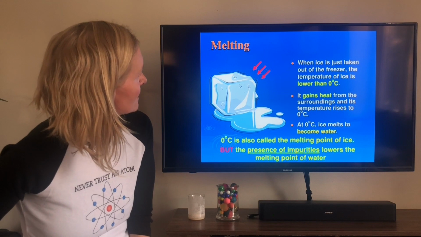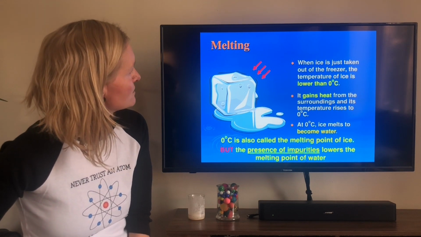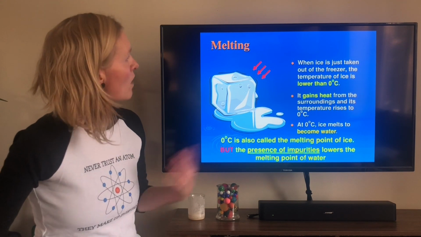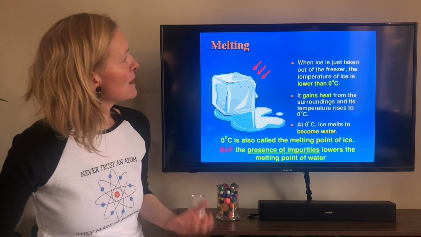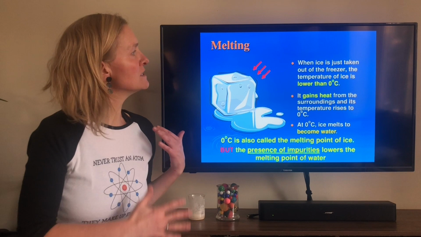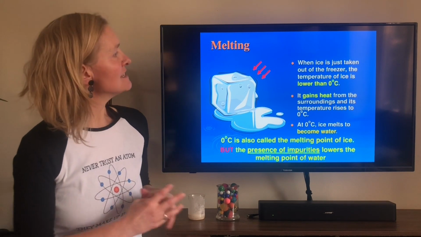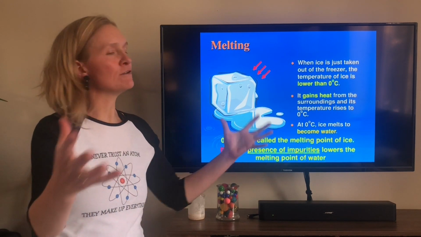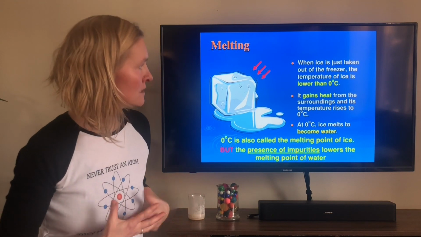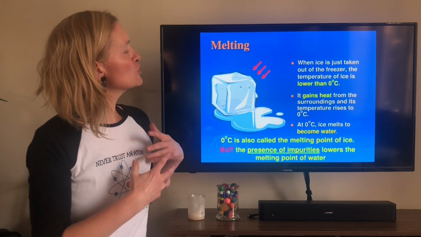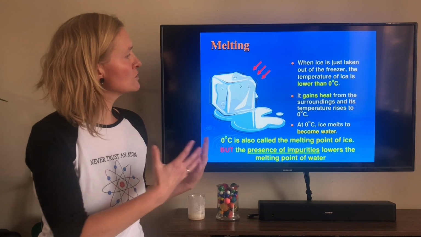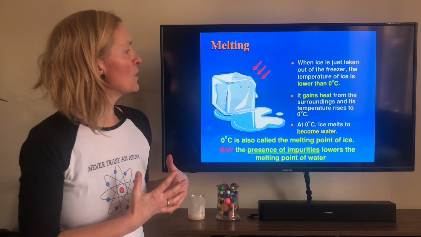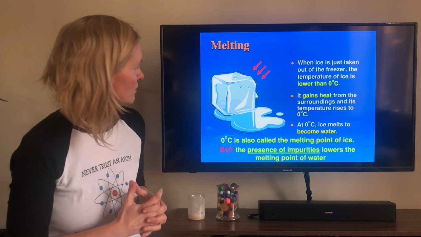So in this slide, this is showing what happens when a solid like water is melting. When ice is just taken out of the freezer, the temperature of ice is lower than 0 degrees Celsius. As it gains heat from the environment around it, the temperature will rise and it will reach 0 degrees Celsius, at which point the ice melts to become water.